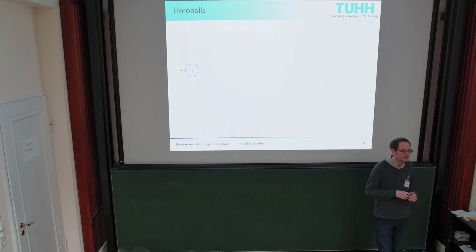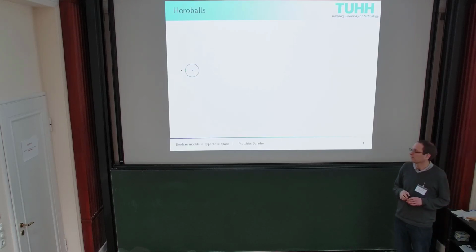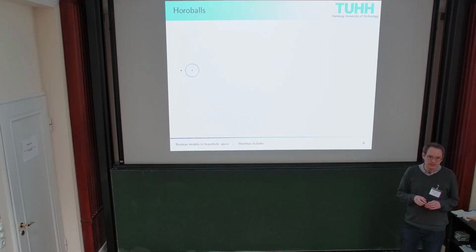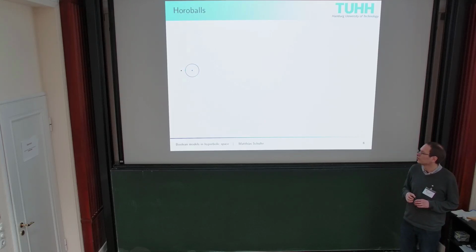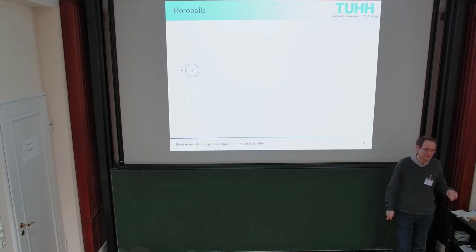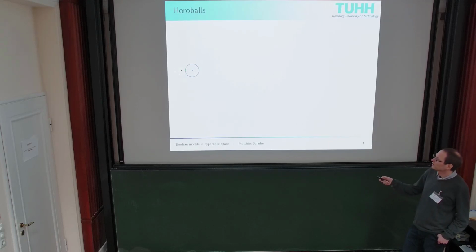So, to present our main results, we need one more concept from hyperbolic geometry, namely so-called horoballs. And in order to help you to better understand this, let us just start with Euclidean geometry. So what we do here is that we have our origin, and then we have a fixed green point, and then we take a circle having the green point on its boundary.